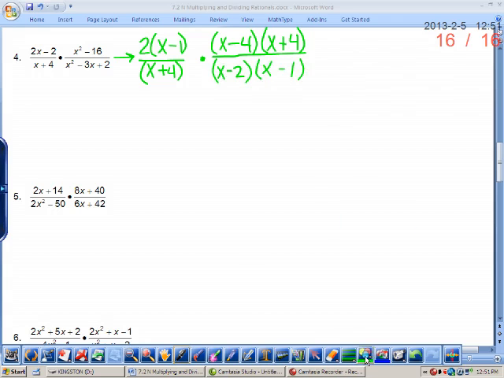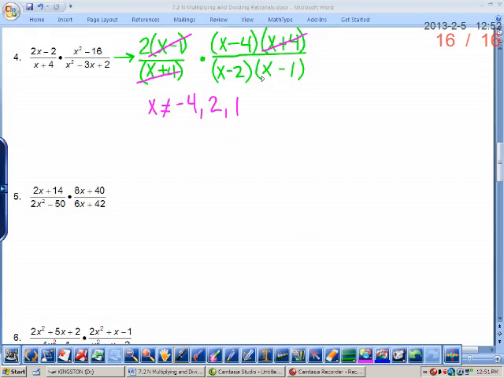Stop here and think about x values that make your expression undefined. So x can't equal negative 4, x can't equal 2, and x can't equal 1. All right, can we cancel any factors? x plus 4. What else?